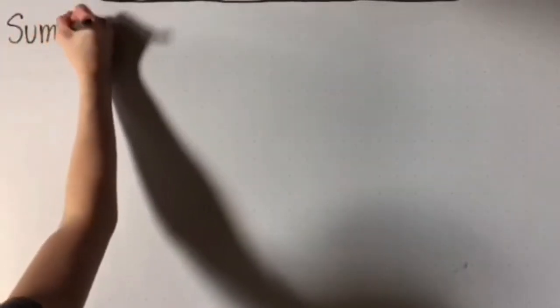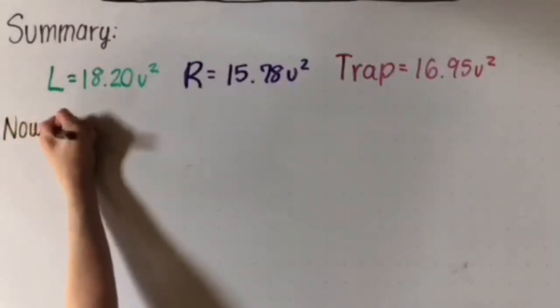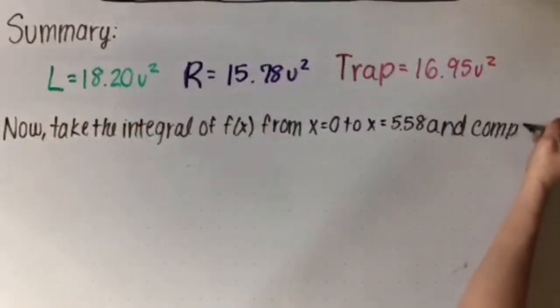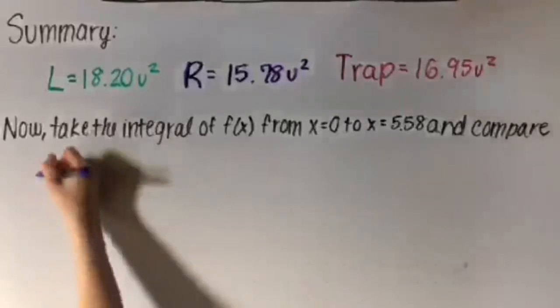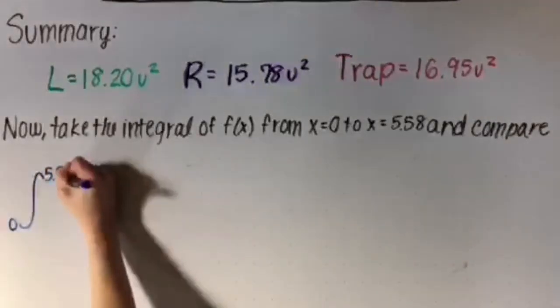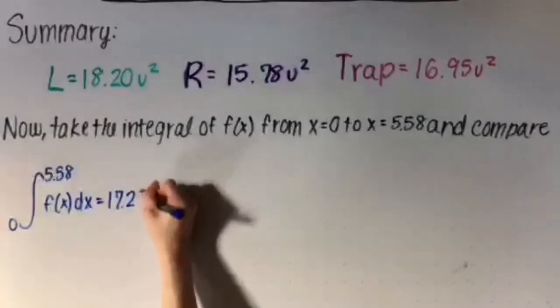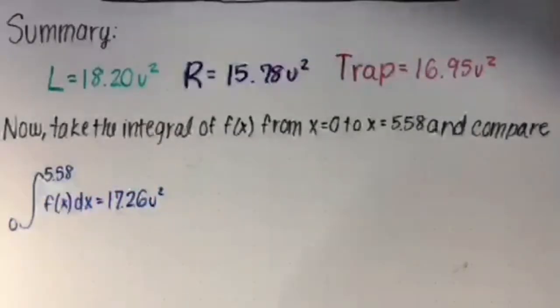Now, for the complete summary of our data. Since we have our three values, let's see how that compares to the value of the integral of the equation, aka the real area under the curve. The value of the integral equates to about 17.26 units squared.